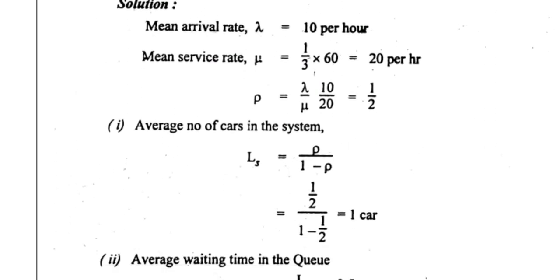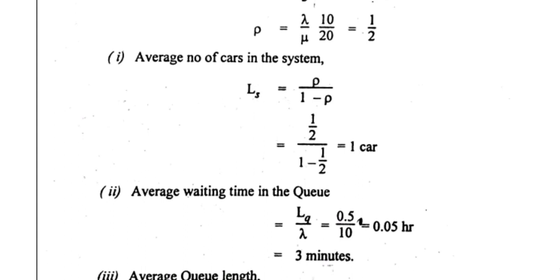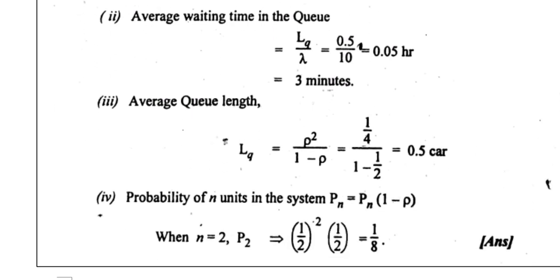One is rho by 1 minus rho, with which we calculate the average number. Next, for waiting time, we apply LQ by lambda, for queue length we apply rho square by 1 minus rho, and then for the probability of n units, Pn equal to rho to the n into 1 minus rho.